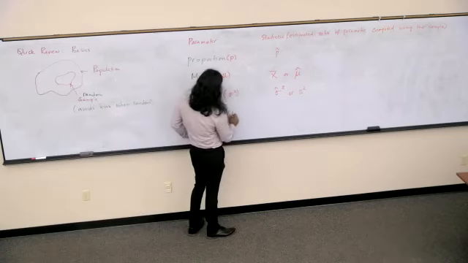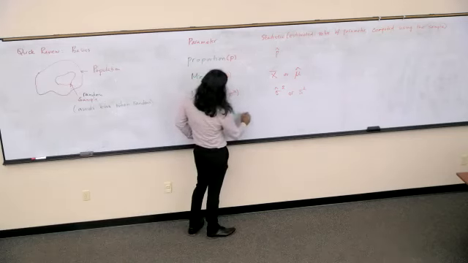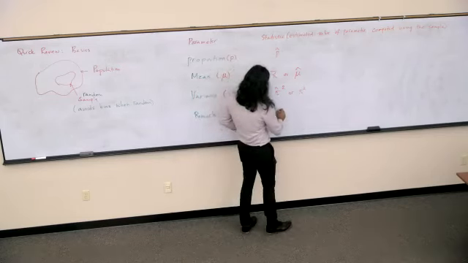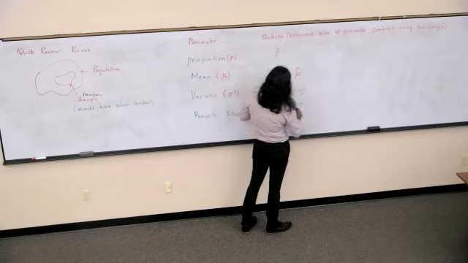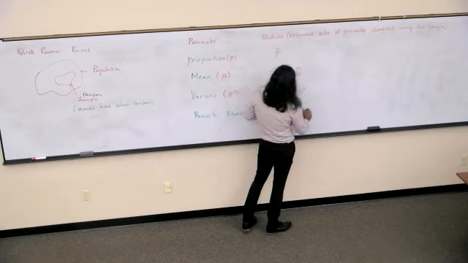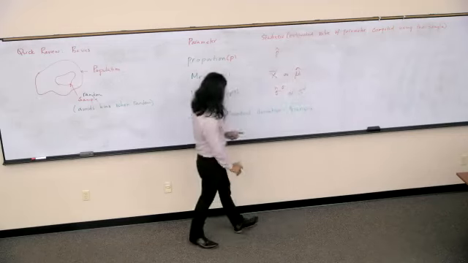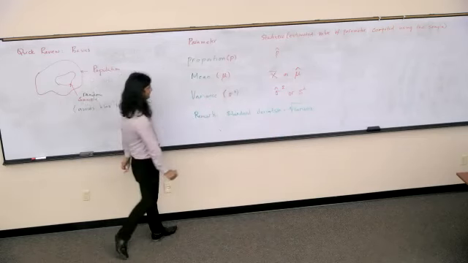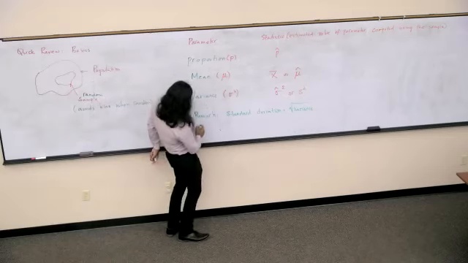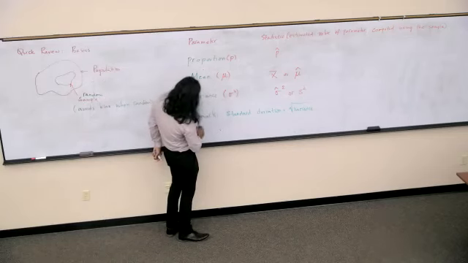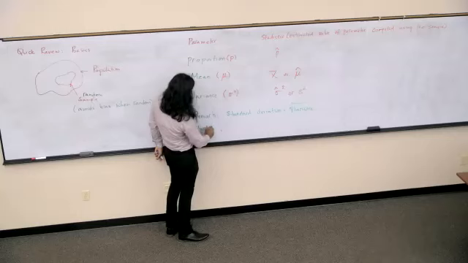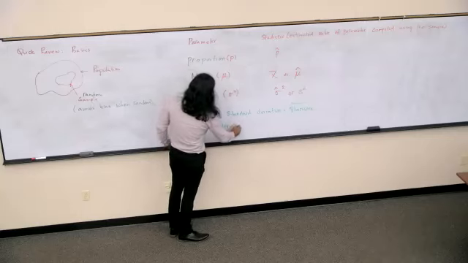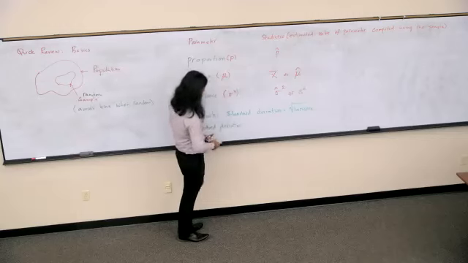Standard deviation is simply the square root of variance. So on the parameter side, if I want to denote the standard deviation, I would simply put sigma.